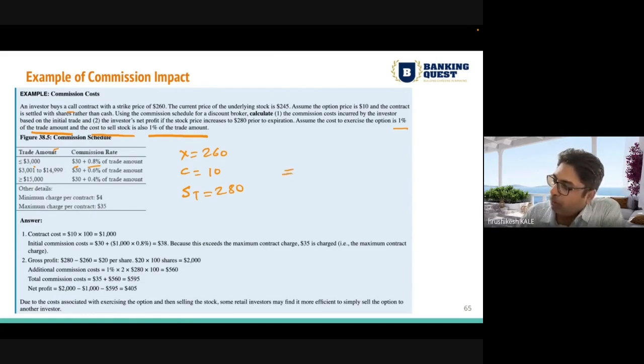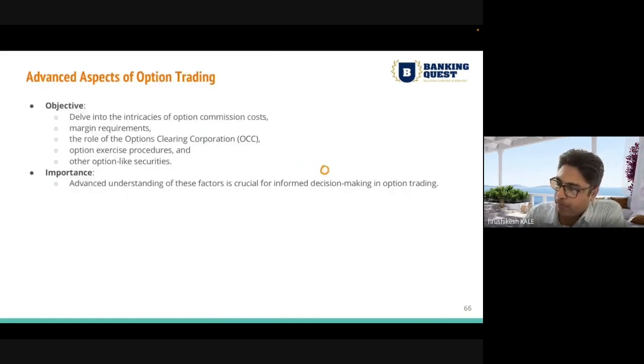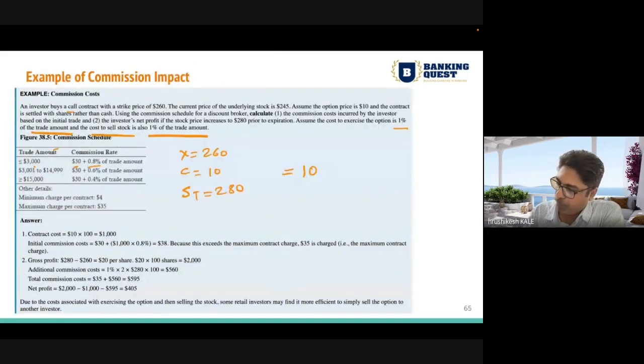Trade amount is nothing but the contract cost. We know it's the Chicago board, so lot size will always be 100. And the option cost is 10. So 100 into 10, your trade amount came out to be 1,000. Now, in this complete table, if it is less than 3,000, you are supposed to pay this much.